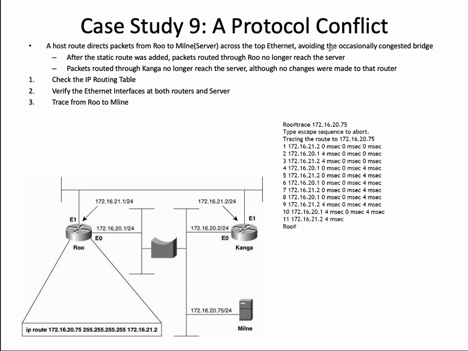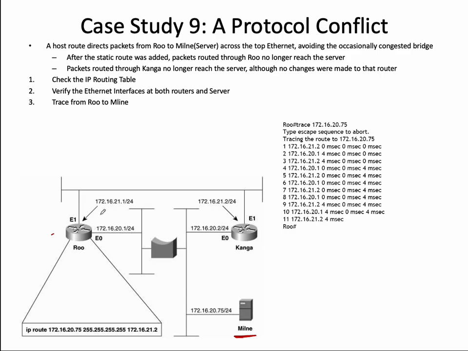Now let's take a look at the protocol conflict. A host route directs packets from Roo to Milne. Now, if you see here, this router sends the direct packets from here to this one via this Ethernet, E1, avoiding the occasionally congested bridge.